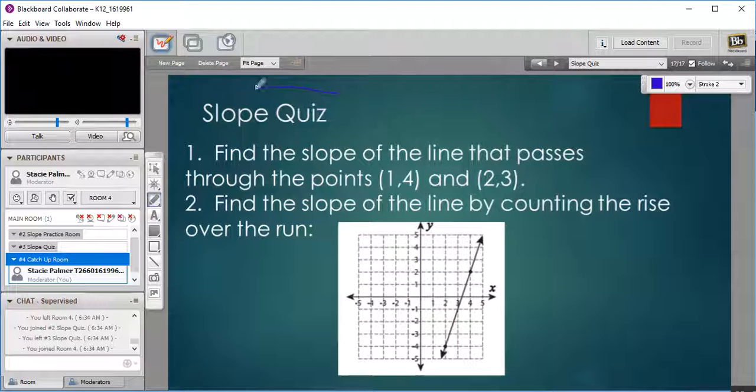Okay, so here's your slope quiz. For the first one, you are finding the slope of the line that passes through these 2 points. You're doing that by the slope formula. And for the second one, you're finding the slope by counting the rise over the run.